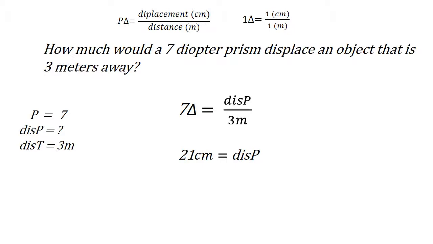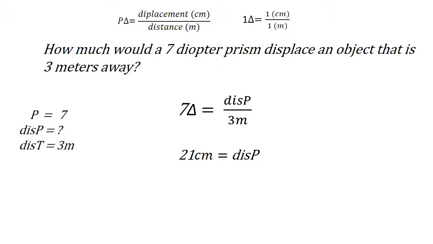Now, I wrote the formula in 2 different formats up at the top. I would suggest memorizing the one on the right at the top, 1 prism diopter equals 1 centimeter over 1 meter. I would suggest, 1, understanding what it means, 2, being able to memorize it in sentence form, and 3, being able to memorize it in formula form.